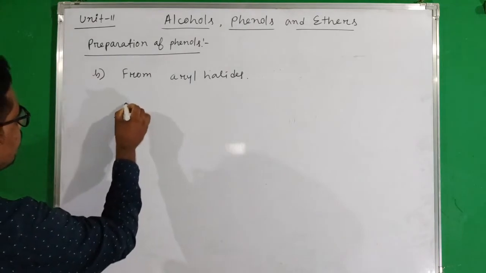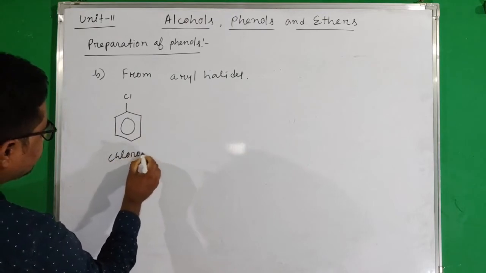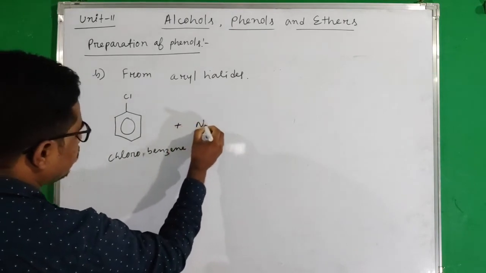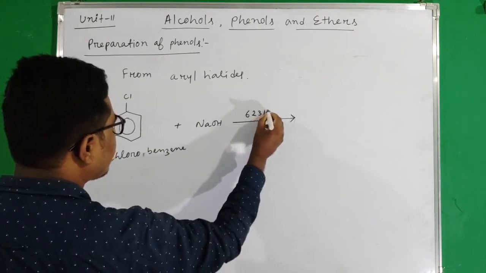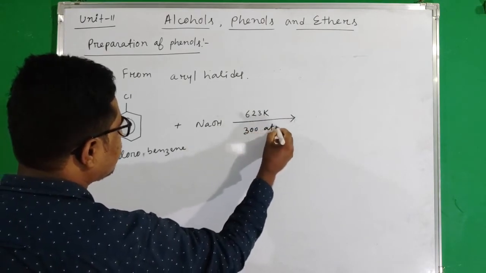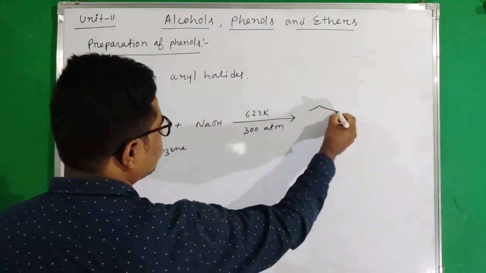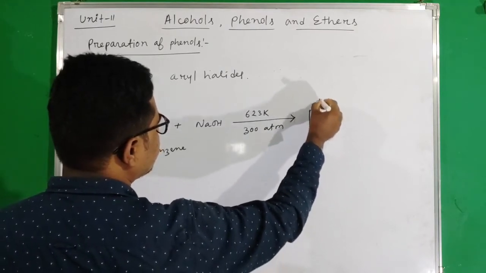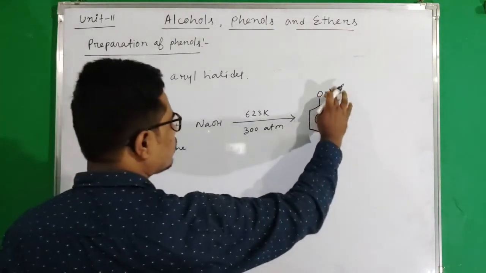Now we will take an aryl halide, that is chlorobenzene, and when chlorobenzene is treated with sodium hydroxide at 623 Kelvin temperature and 300 atm pressure, okay, then the chlorobenzene is converted into sodium phenoxide, ONa. This one is sodium phenoxide.